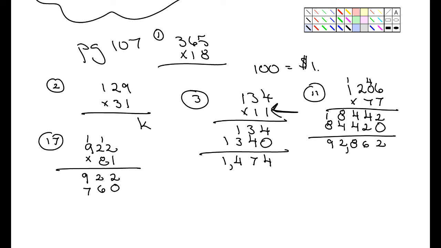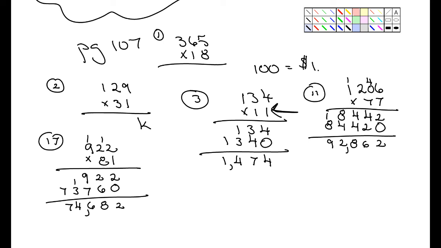What's 8 times 9? 72. 72 plus 1 is 73. 2, 8, 6, carry the 1, 4, 7. 74,682. All right.